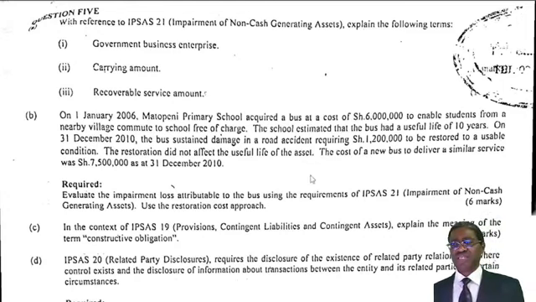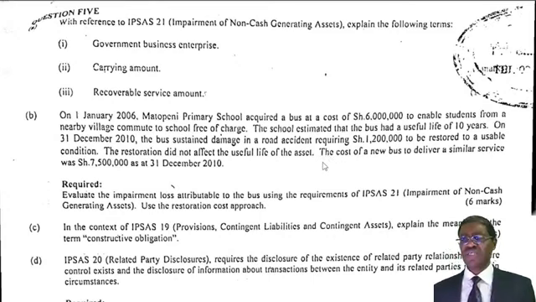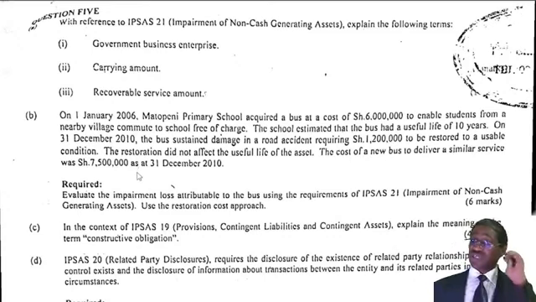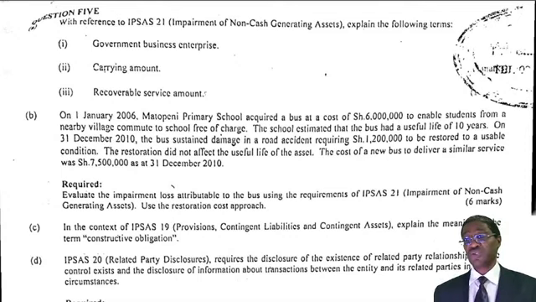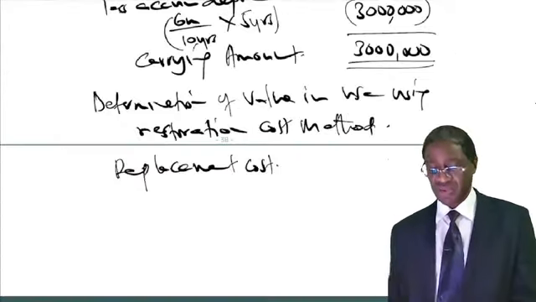Okay, the last sentence says, the cost of a new bus to deliver similar service was 7.5 million as of 31st December 2010. Good. That is the replacement cost. That is 7.5.